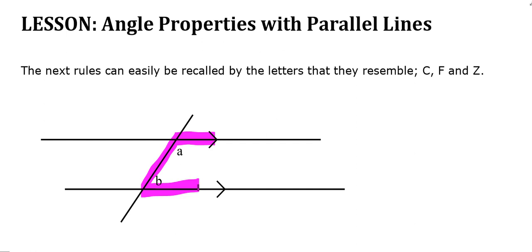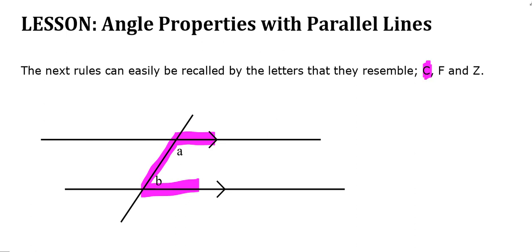Yeah, Ashton? Yeah. Which of those letters is it? Do you remember this? You've done this before, right? Parallel lines. And we use these 3 letters to just help us remember the shapes, and then we have to look for the shapes. It's a C. Okay, so this one's the C pattern.